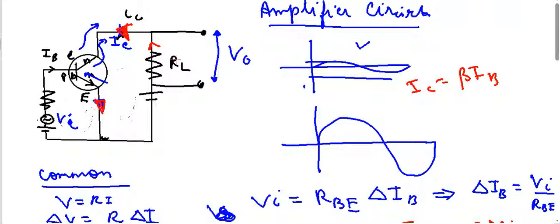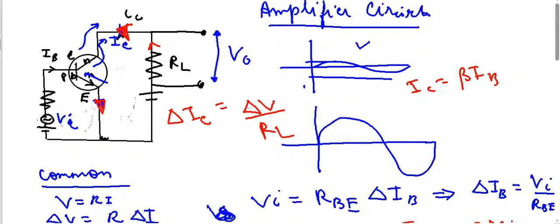So the change in current through this, from Ohm's law, V is equal to IR, so I will be equal to V by R. The change in current will be equal to the change in voltage across this divided by the resistance.